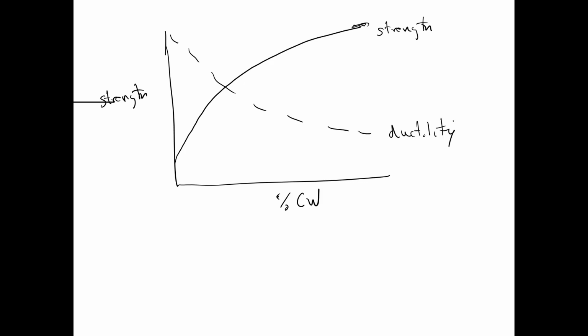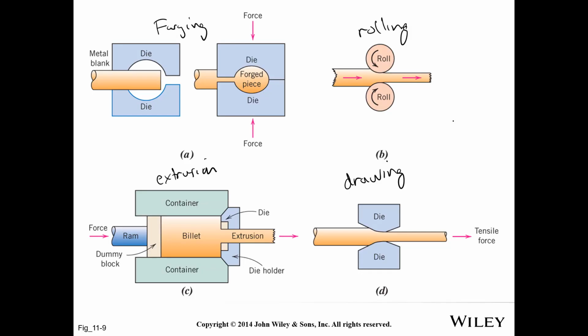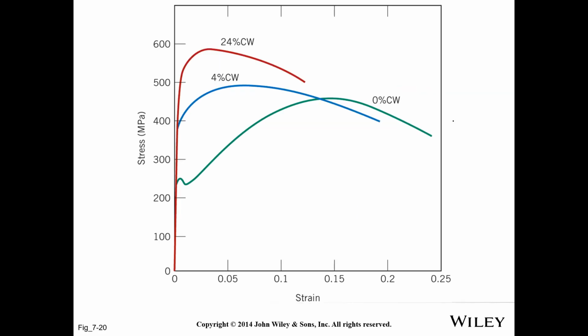Well, let's take a look at some figures from your book here that describe this relationship. So first of all, here's tensile behavior as we work the metal more and more. This is a steel, so here I'll draw it over here. So let's look at tensile behavior as a function of cold work.